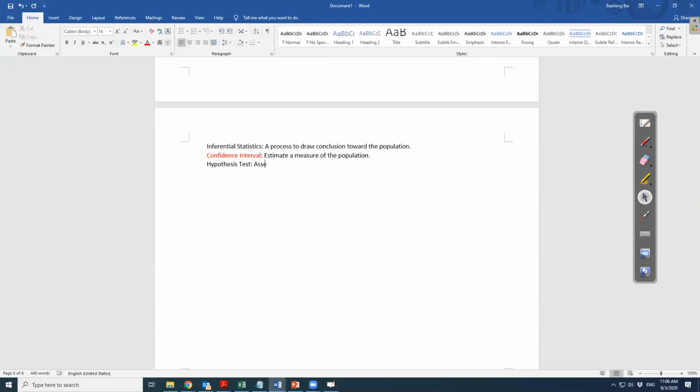You need to assess that claim, and you need to go through a process called hypothesis test. So you need to really understand the differences between confidence interval and hypothesis test. If you're trying to make estimations, confidence interval. If you're trying to assess a claim, hypothesis test.